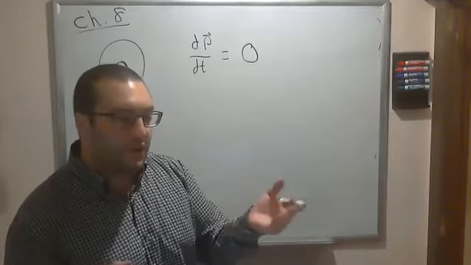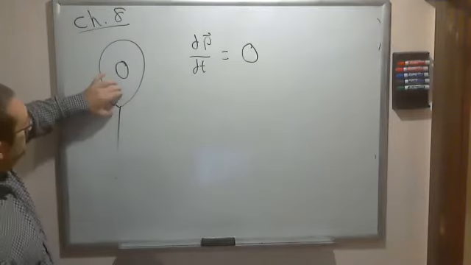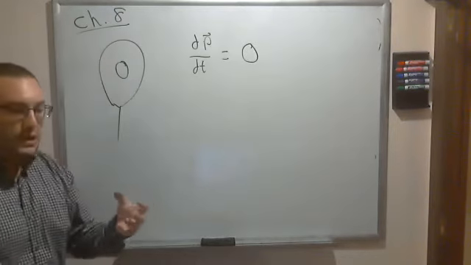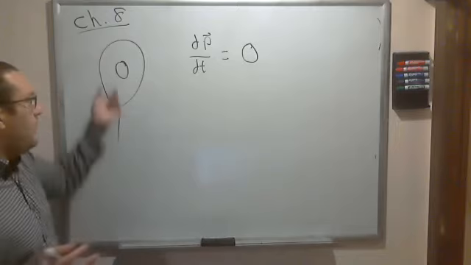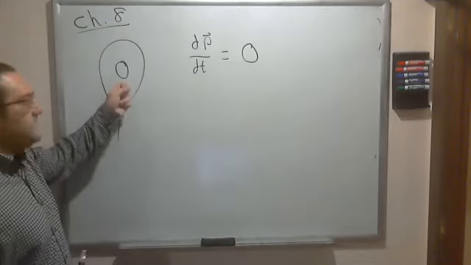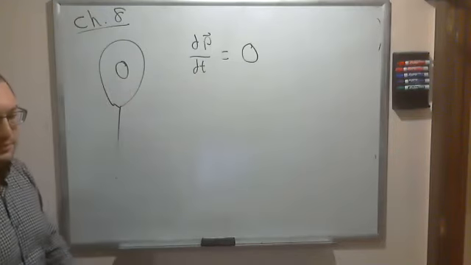So if we consider this system, the tennis racket and the ball, and we consider the momentum of this entire thing before and after this collision, the momentum never changes.